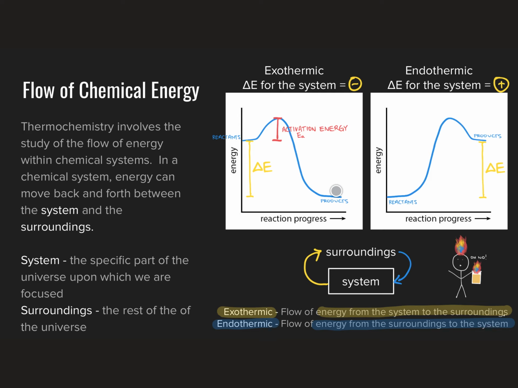But coming up with a whole bunch of examples of endothermic processes is a little bit trickier. And the reason why, as it turns out, is that endothermic processes are less common in nature. And we can understand why that's the case by, again, having a look at that reaction profile graph. Recall the activation energy is that barrier we have to overcome to get from our initial starting potential energy level up to the top of that hill, from which point the reaction will proceed spontaneously.